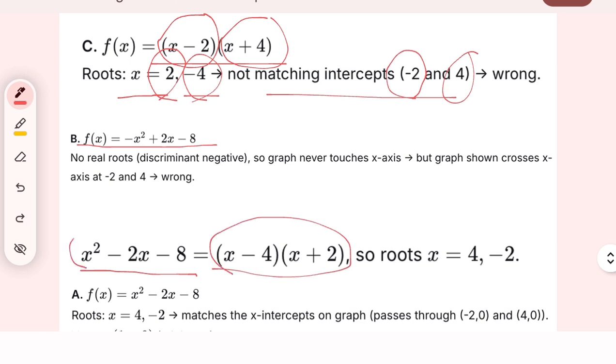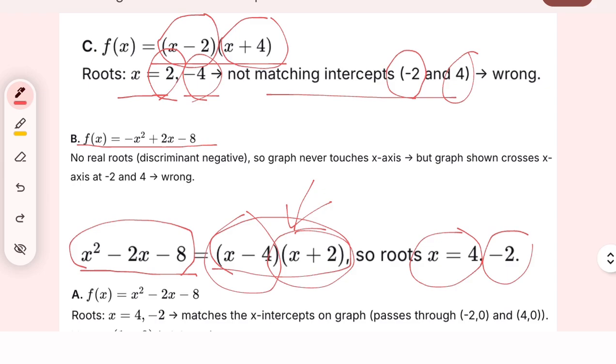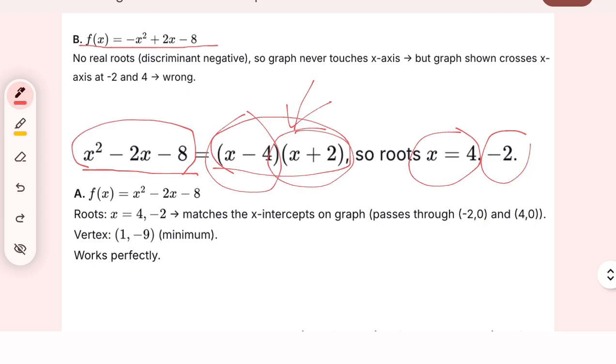You can factor this into (x minus 4) times (x plus 2). Once you have factored it, you can equate each factor to 0 to solve for x. When you equate this one to 0, it gives x equal to 4. When you equate this to 0, it gives x equal to minus 2. So the roots are 4 and minus 2.